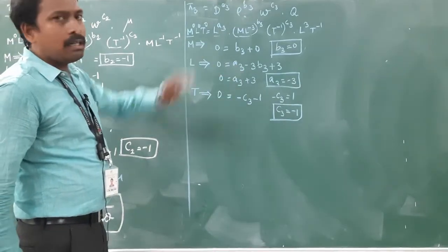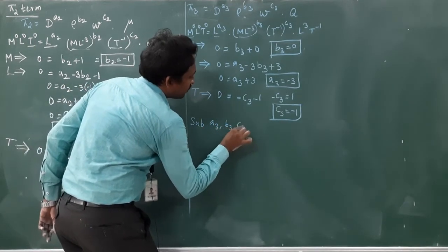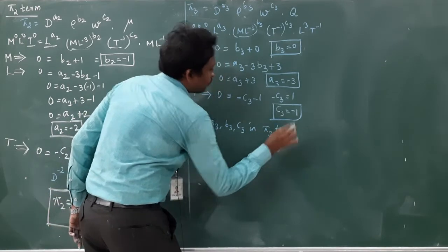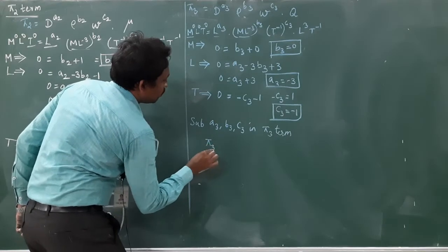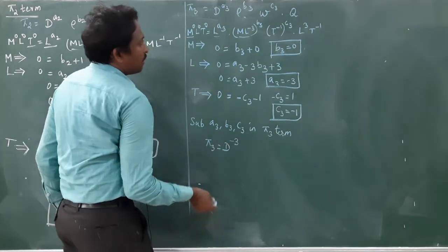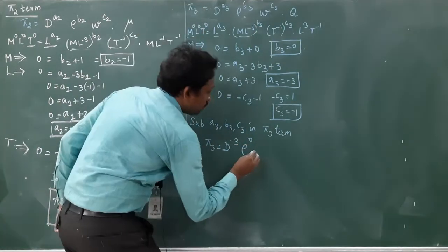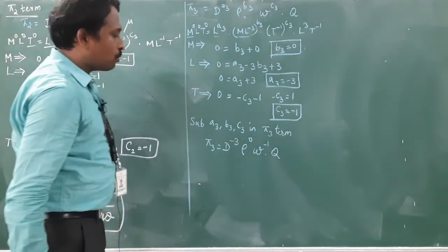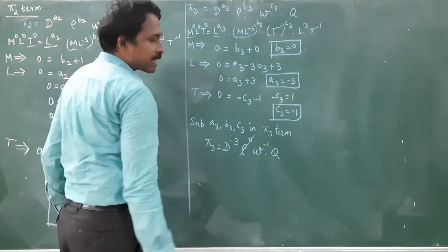Substitute A3, B3, C3 in the pi 3 term. In the third pi term, substituting the values of A3, B3 and C3, the pi 3 term is D power A3, which is minus 3, then rho power B3, rho power 0, omega power C3, omega power minus 1, into Q. Here the rho power is 0, so we can cancel this.